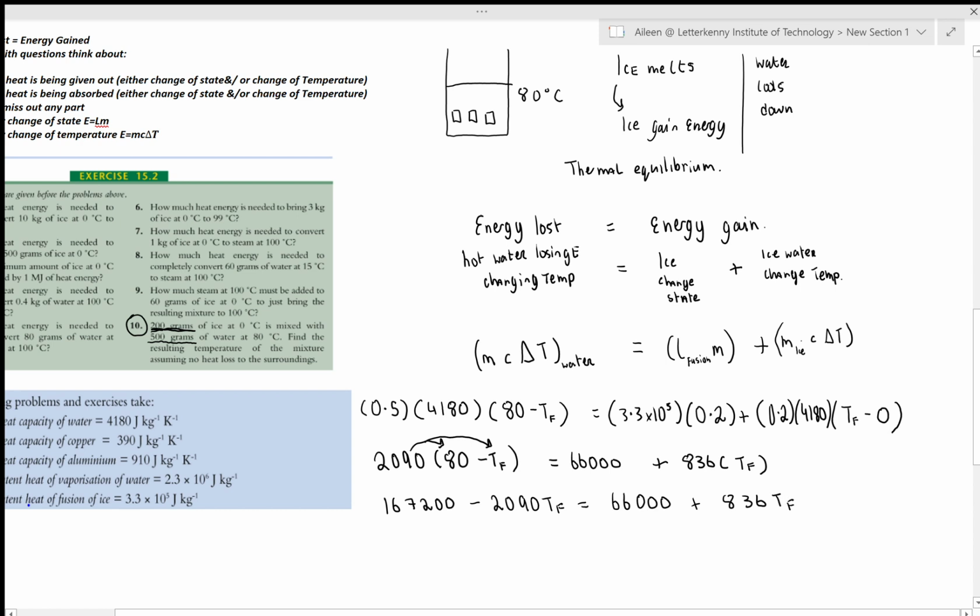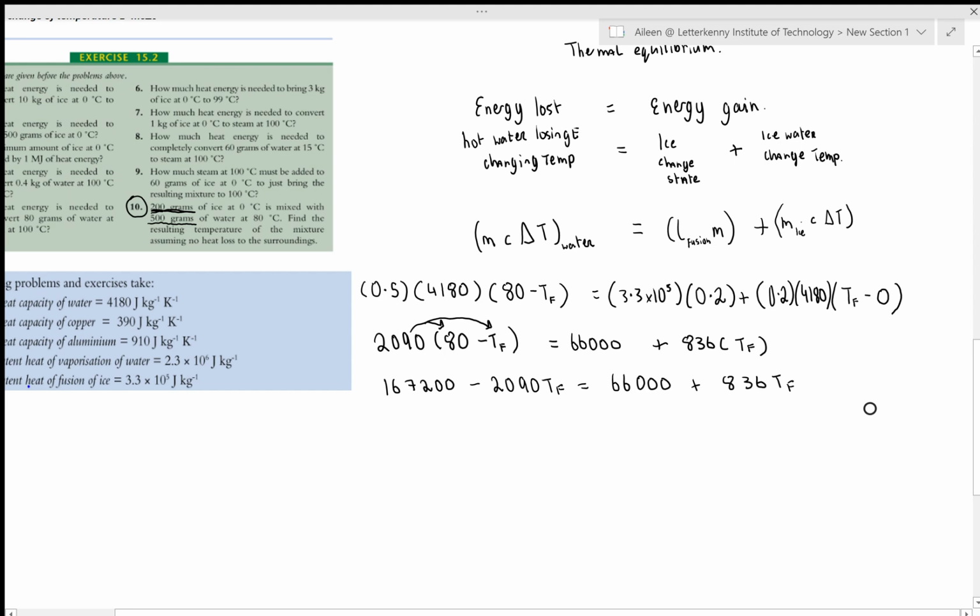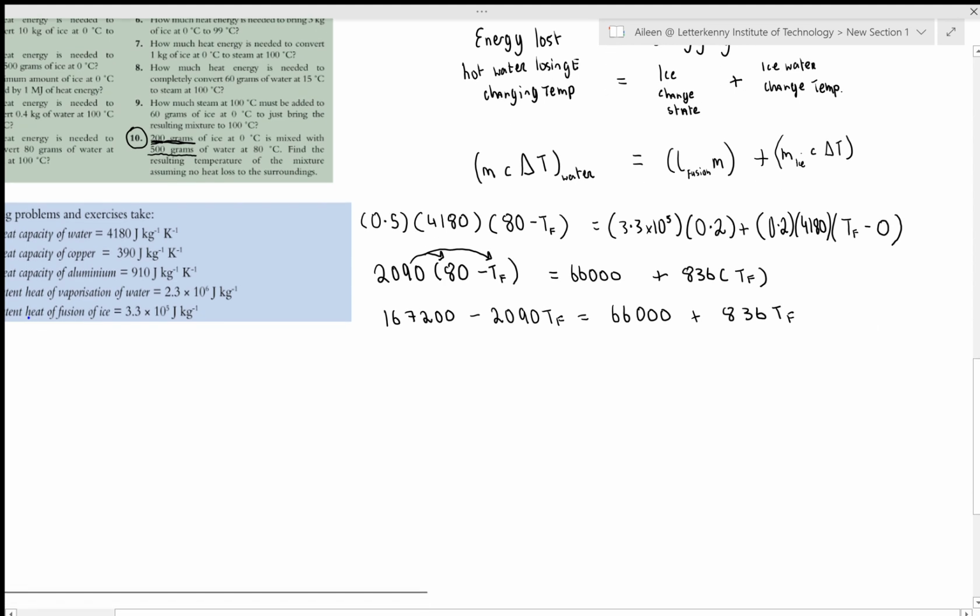Okay, here I'm going to have my final temperature on one side of my equation and everything else on the other side. So group together your terms. This would give me minus 2090 times my final temperature minus 836 times my final temperature is equal to 167,200, sorry, bringing that to the other side, that's minus 66,000.